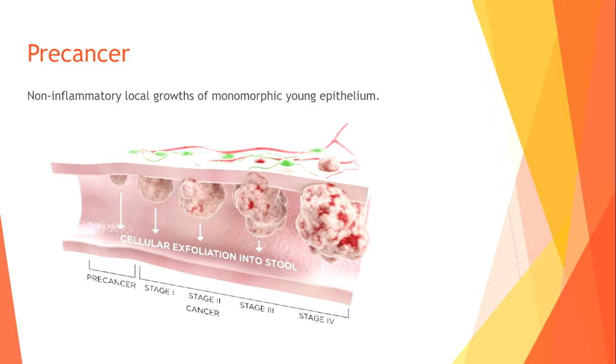I took this picture for you because I want you to understand what precancer means. Precancer is a non-inflammatory local growth of monomorphic young epithelium. We have here on the picture different stages of development of cancer, and on the first picture we have precancer.